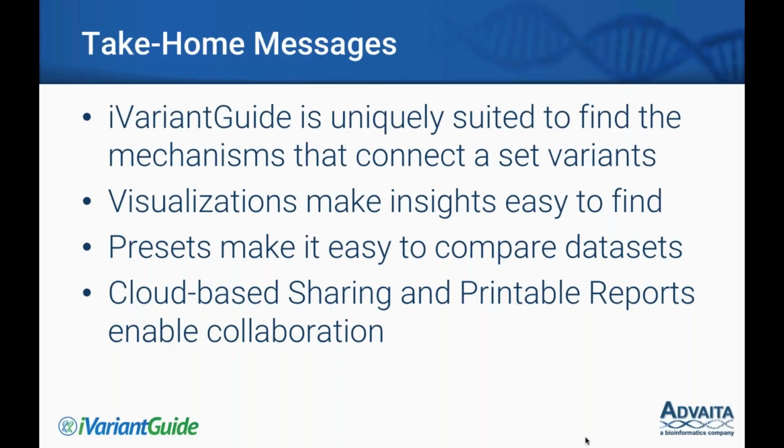Get to that biological mechanism and figure out what your story is. It's really easy to find, and the layers that we provide allow you to really tell a rich story and generate hypotheses. Our presets make it easy to compare data sets.